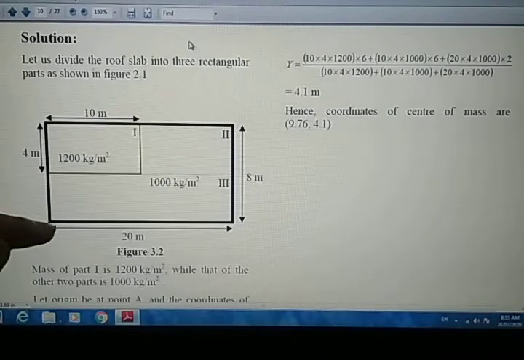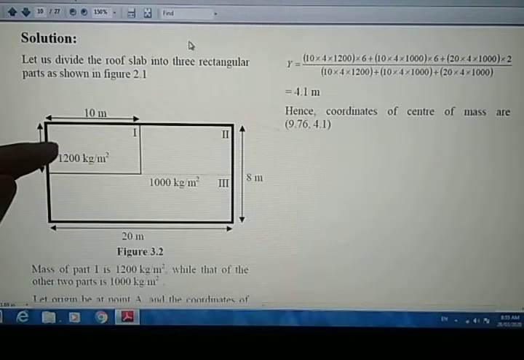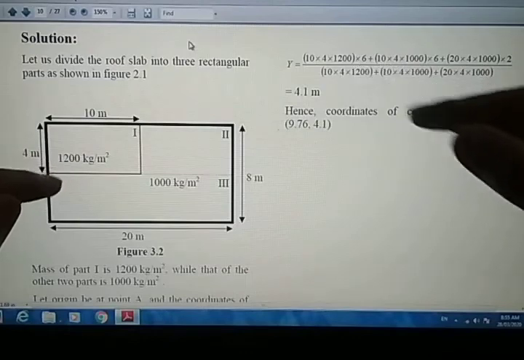So from the origin, 4 plus 2, that is 6, you can see here.